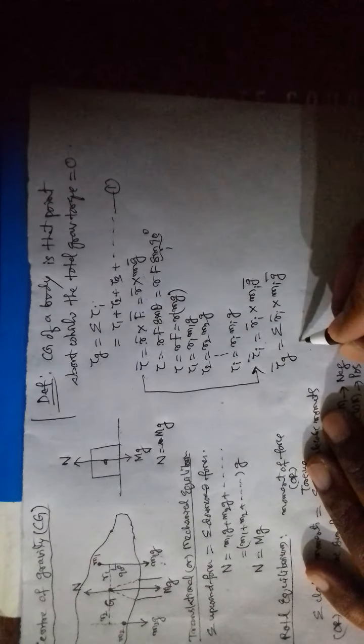So substituting this here, tau g is equal to summation of tau i, that is ri cross mi g. But at a place g is a constant. And the CG of a body is that point about which the total gravitational torque is 0.